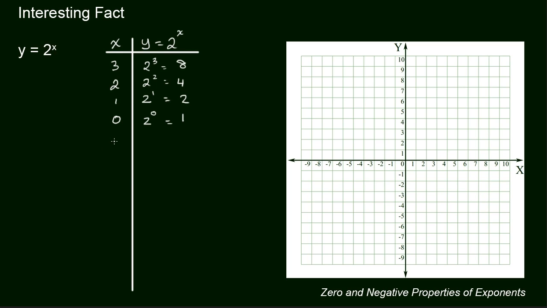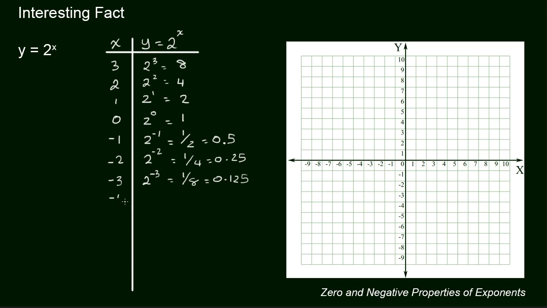At x equals negative 1, 2 to the power of negative 1 is 1/2, which is equivalent to 0.5. At x equals negative 2, I have 2 to the power of negative 2, which is 1/4, which is 0.25. At x equals negative 3, 2 to the power of negative 3 is 1/8, which gives me 0.125.